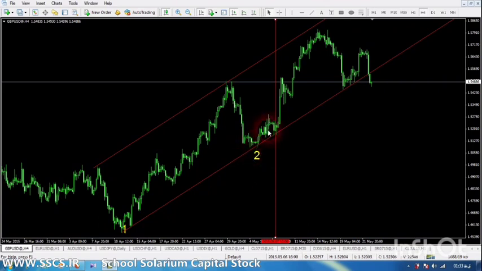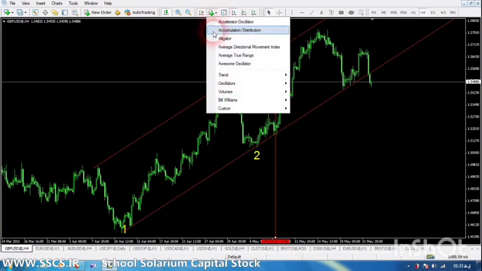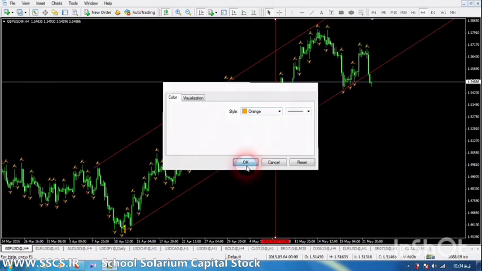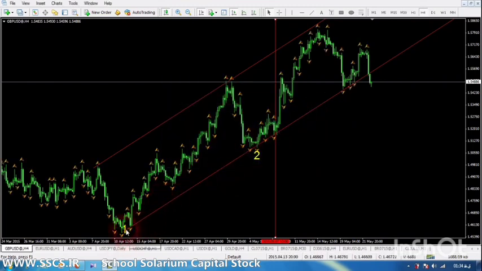To identify and locate your swing highs more easily, you can use fractals. In here, in your Bill Williams item, you can choose the fractals item, and you can see the fractals right now.